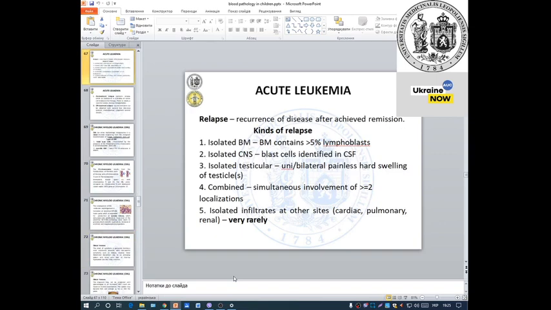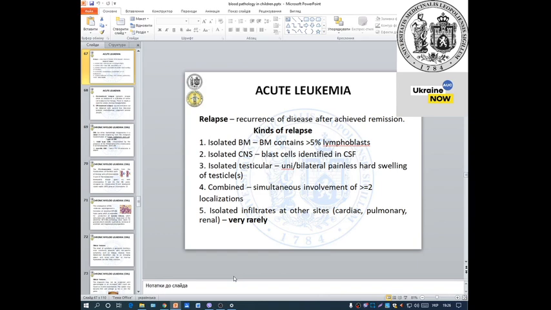The recurrence of leukemia after achieved remission is named relapse. There are 5 main forms of relapses. First, isolated bone marrow relapse: only bone marrow contains more than 5% of blast cells. Second, isolated central nervous system relapse: blast cells identified only in the cerebrospinal fluid.